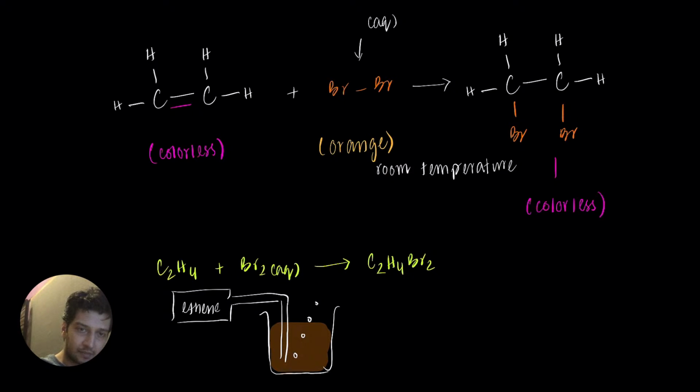What is going to happen? The product is definitely a colorless gas, right? Can I say the bromine will decolorize? Bromine water will decolorize? Or the solution will change its color from orange to colorless?